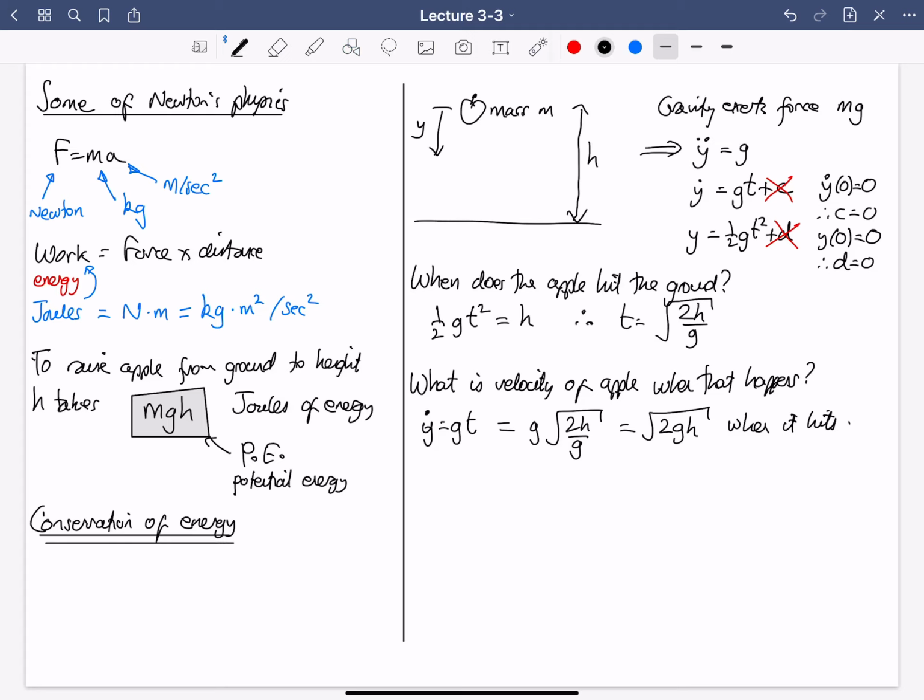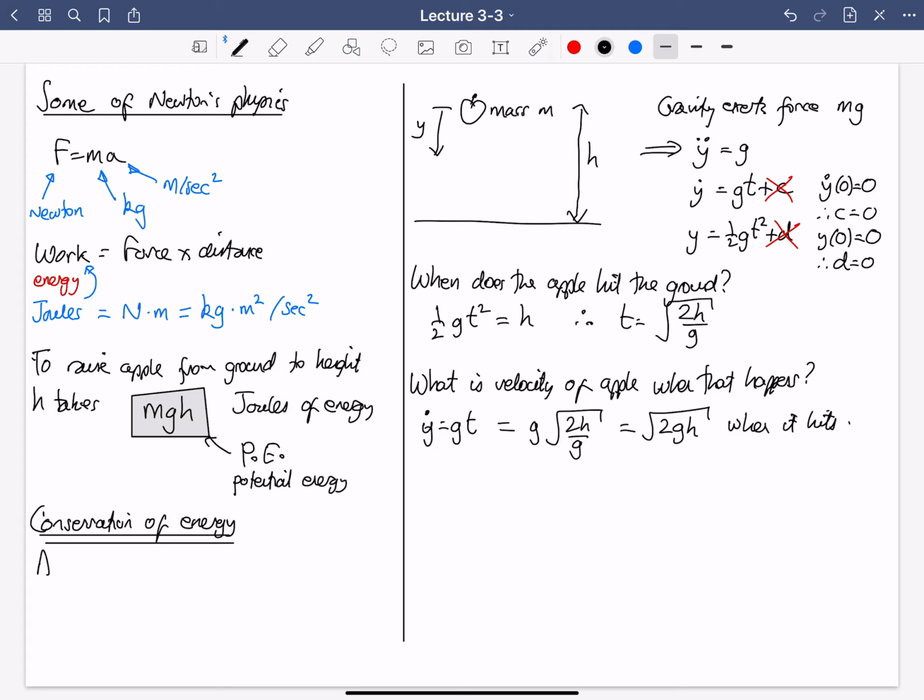And then when you let go of the apple at height h, it starts accelerating under gravity. That potential energy turns into kinetic energy as it goes faster and faster. And that instant when it hits the ground, all that potential energy, mgh joules, which it had when it was at the top, has been converted into kinetic energy that instant that it hits the ground.